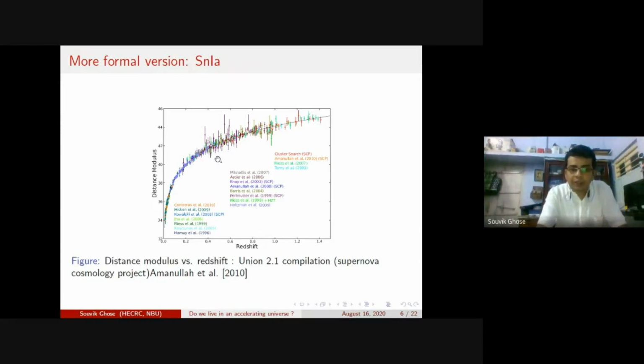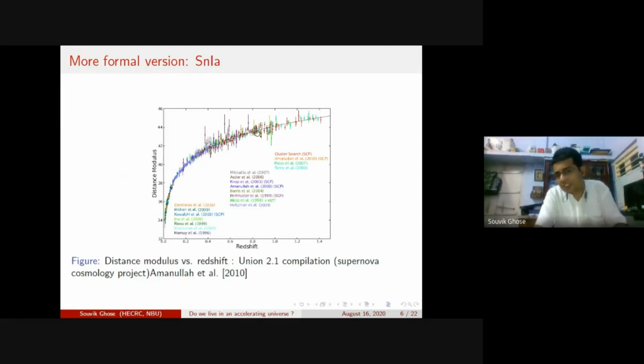Anyway, this is actually the Union 2.1 compilation of supernova data from the Supernova Cosmology Project, and you can see from these figures these different colors for different surveys. This is basically a compilation of many surveys. And also, please keep in mind that in the lower redshift region, there are far more samples available.